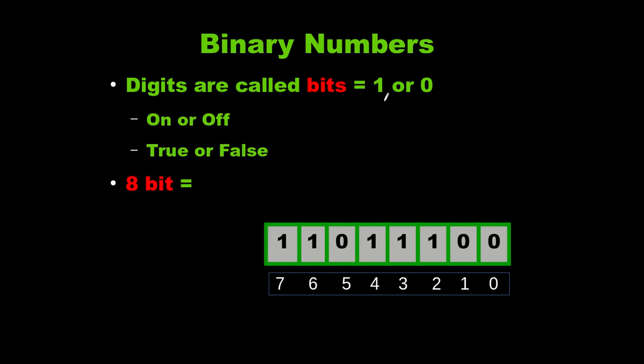This is what a binary number system is. That's why they call it base 2. Base 2, it only has two values, 0 and 1. This is an 8-bit. All of this is called what? A byte. 8 bits equal a byte.